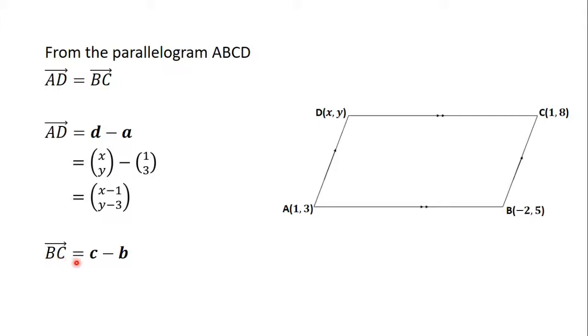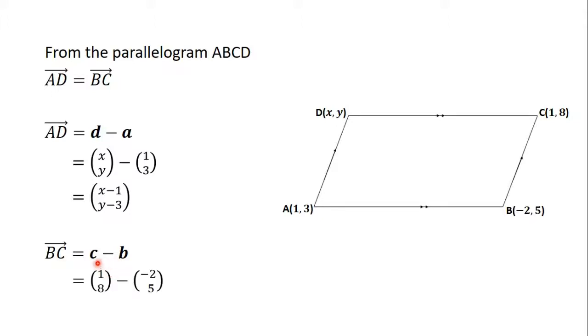Vector BC will give us position vector C, or OC, minus position vector B, or OB. So OC is the same as position vector C, or small letter c, as you can see here. Then OB is the same as position vector B, or small letter b.